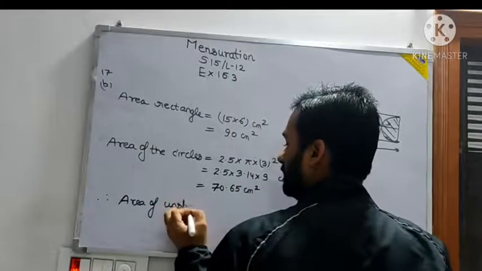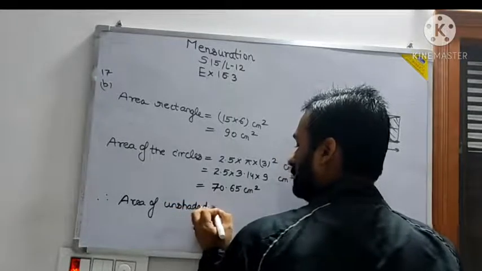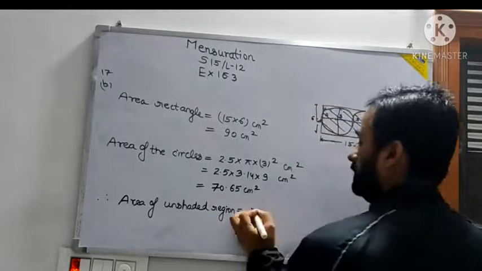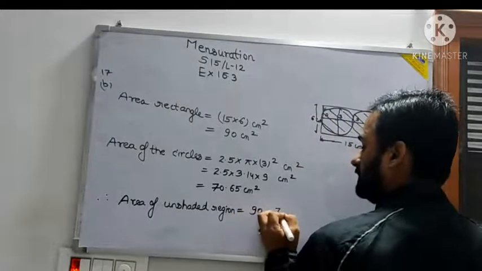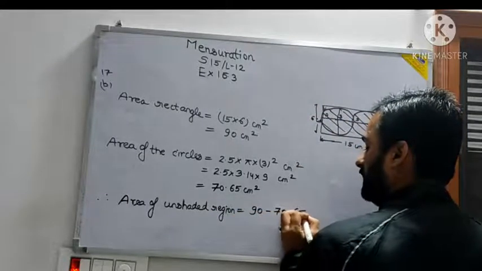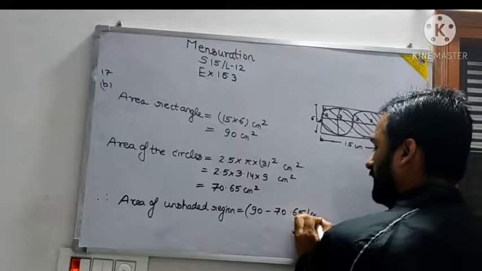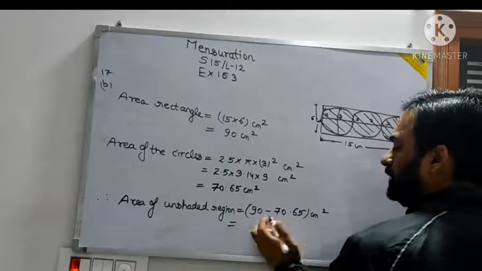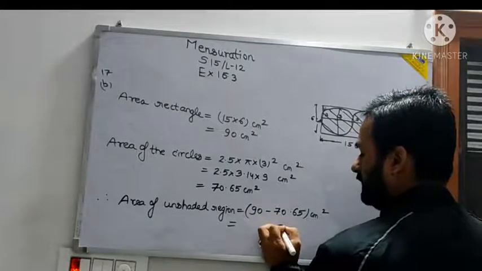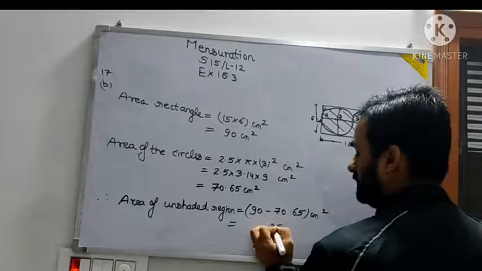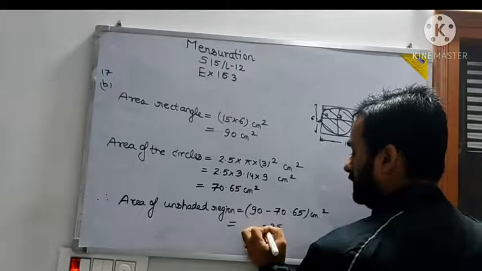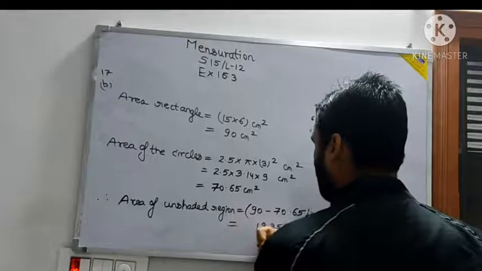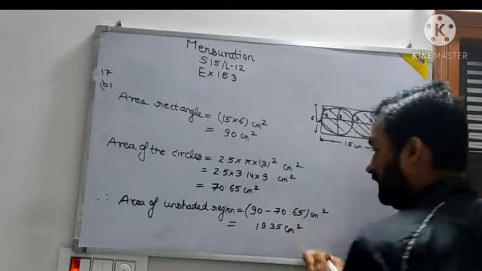Therefore, area of the unshaded region is 90 minus 70.65. If they intended to give the answer in decimals, you will be getting the answer in decimals. 90 minus 70 is 20, so 0.00. 10 minus 5 is 5. 9 minus 6 is 3, and 9 minus 0 is 9, and then 9 minus 7 is 1. 19.35 centimeter square.